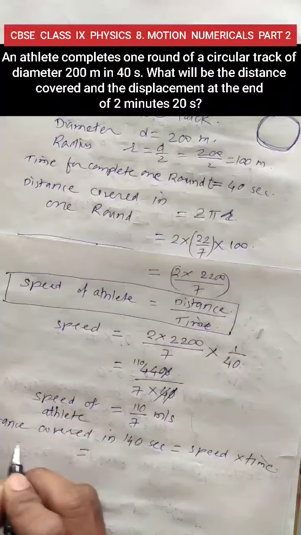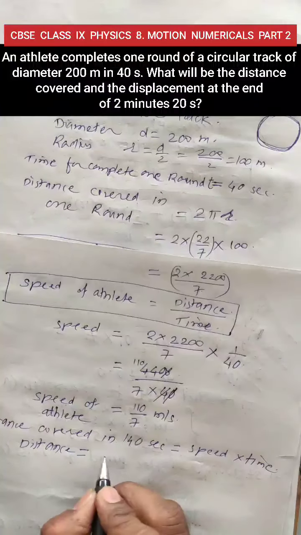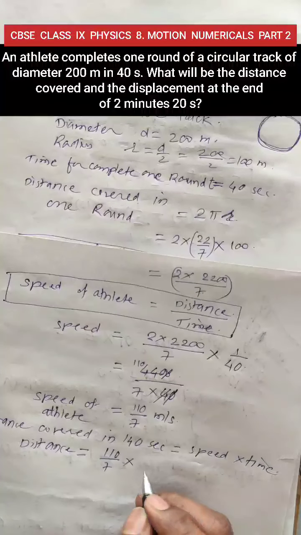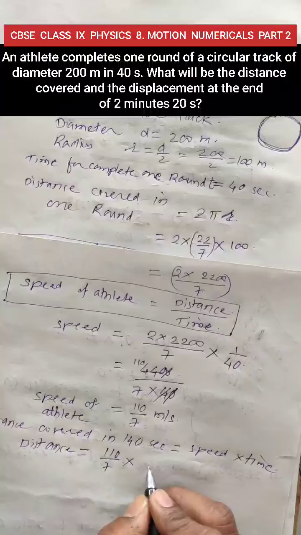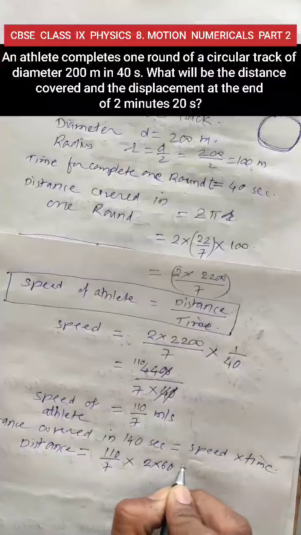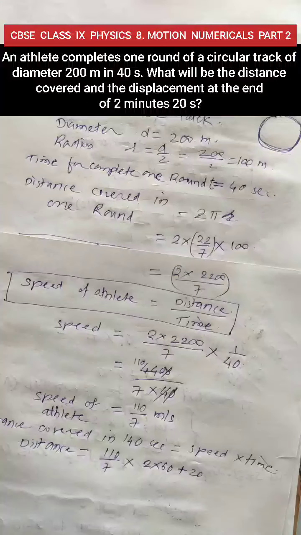Here the speed will be 110 upon 7 and the time is 140 seconds. To write 140 seconds, we can write 2 into 60 plus 20. So this is the time required.